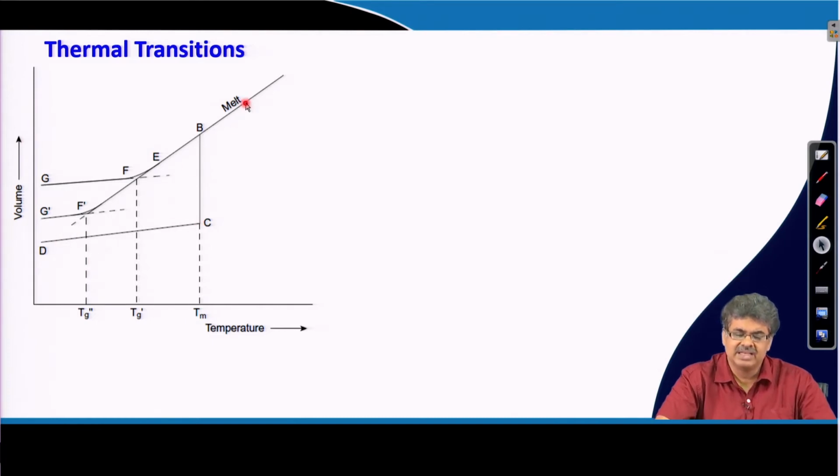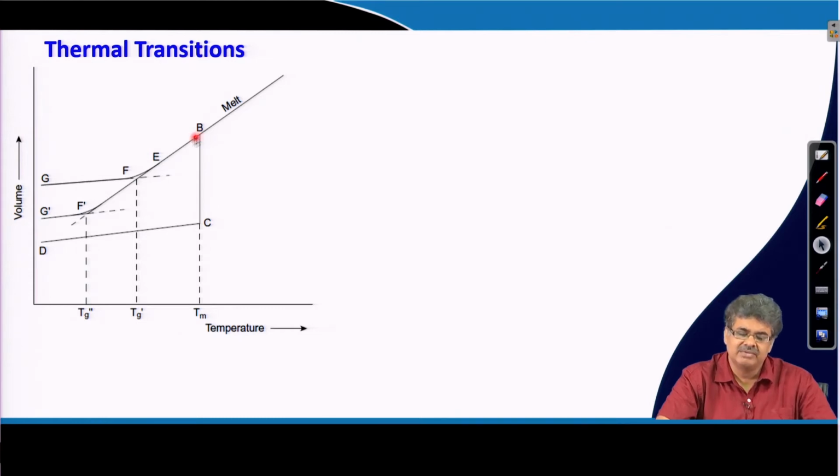But as we said, if the molecules are large, like a large polymer molecule, then they do not have enough flexibility or enough freedom to rearrange themselves and pack in a crystal matrix.